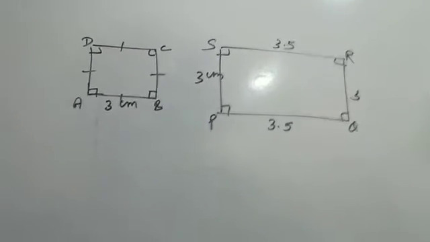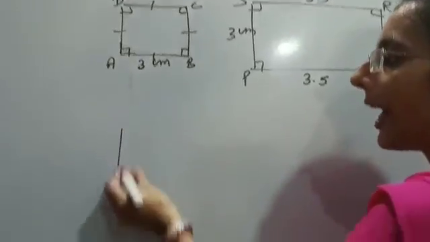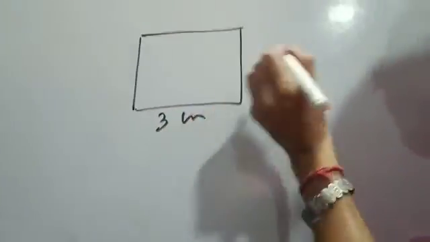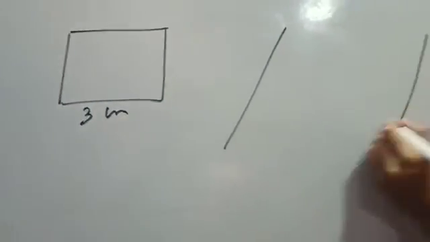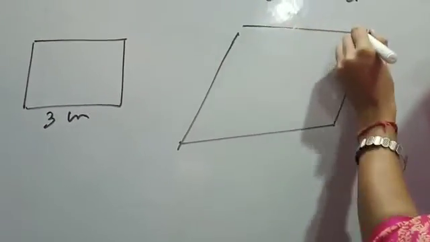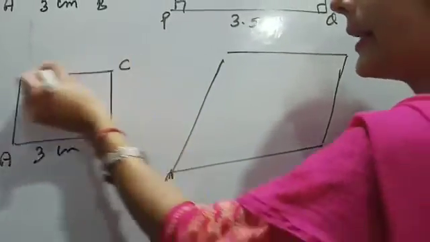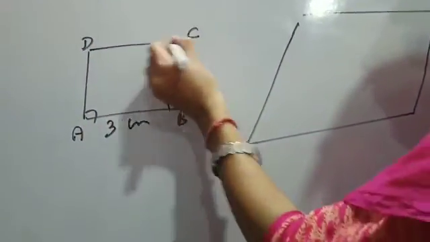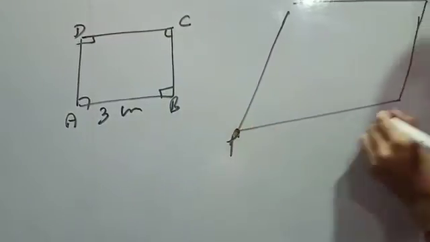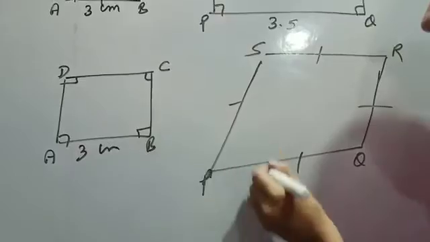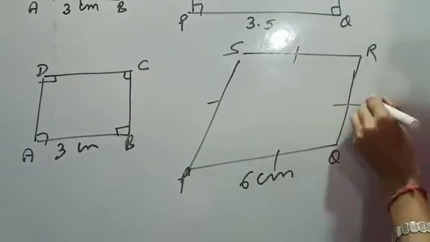Similarly, I take another example: a square ABCD with each side 3 centimeter, and PQRS is a rhombus with all sides equal, corresponding sides 6 centimeter each.